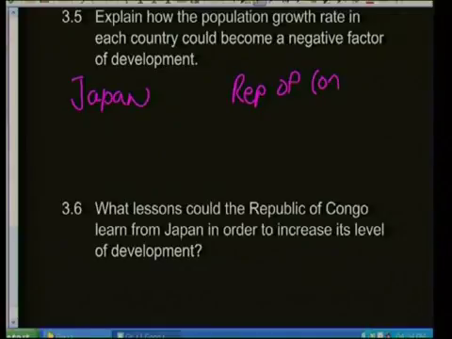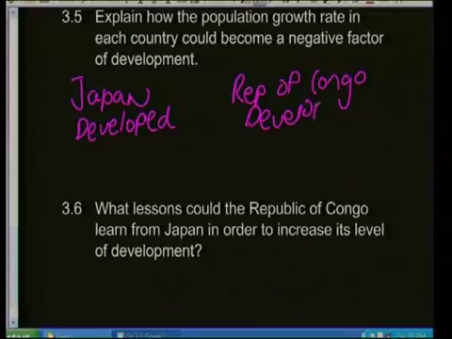We've already discussed that Japan is more of a developed country, okay, and the Republic of Congo is a developing country. Now, in terms of population growth rate, and it says it could become a negative factor, there are two different answers that we need to look at based on the two different types of countries. So we're looking at Japan, which is a developed country.